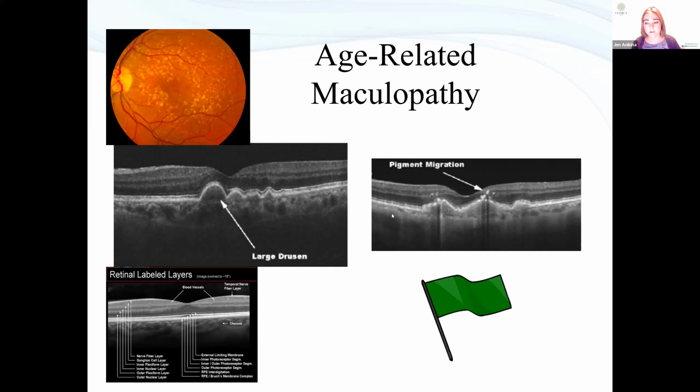But is it active or not? That's the question. And that's when you do your dynamic studies. That's when you're going to do your angio-OCT or your FFA, because that's going to show if there's actual leakage from that or if it's just all turned into this hyperreflective scar. So I'm afraid that's going to be more for us to differentiate, and it's difficult.